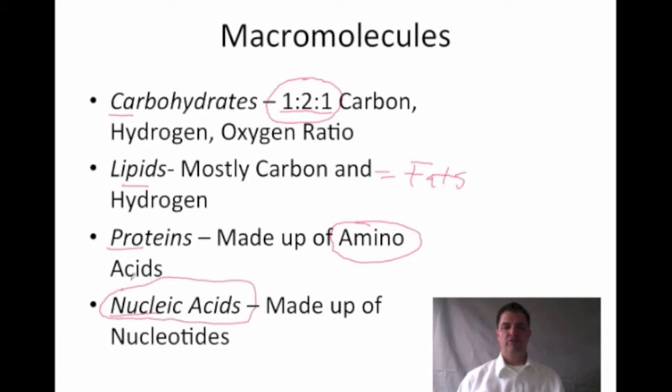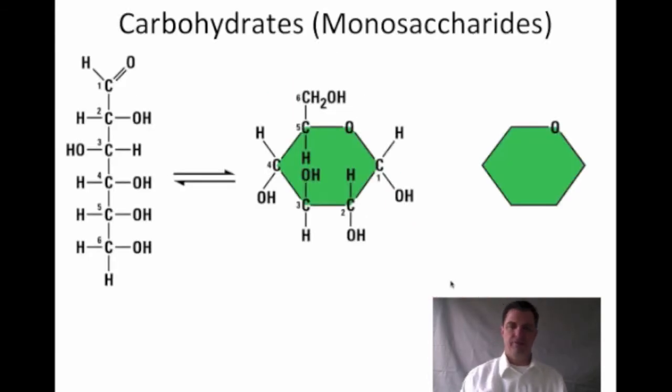We'll save those for upcoming weeks 8 and 9. Nucleic acids are made up of things called nucleotides, and nucleic acids will be things like DNA, deoxyribonucleic acid, and also RNA. But again, we'll hit most of those later on in upcoming units.